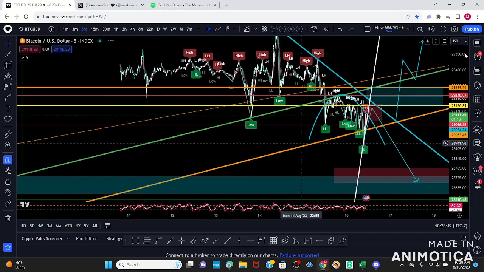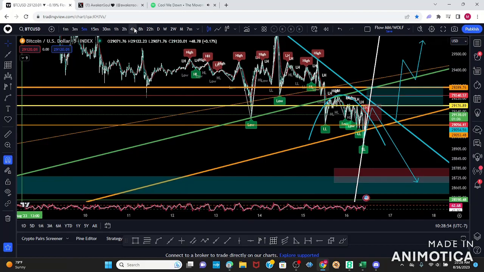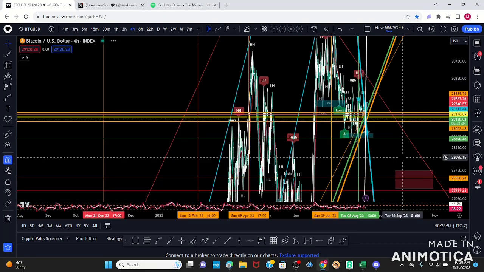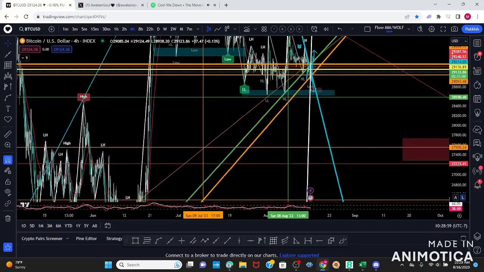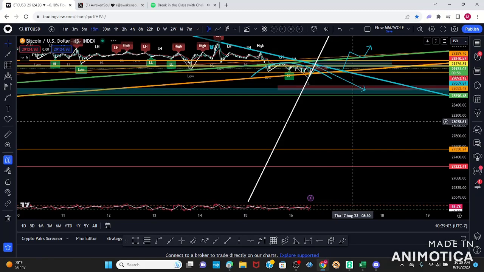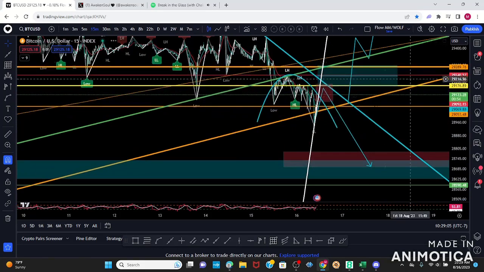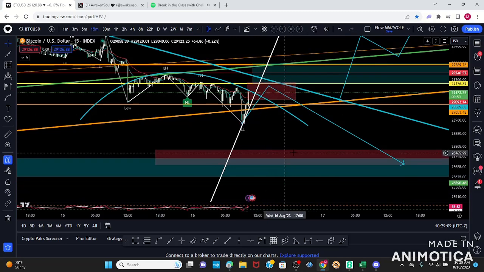Why? Because remember we did break that 4 hour support, so there's a lot of confluence, a lot of indications that it's going to my 4 hour target first. So I'm just going to let it be. It's part of market structure. It has to get that lower high before it continues down.